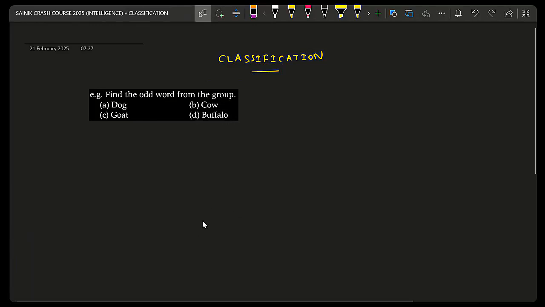So let me use a poll for this. Find the odd one from the group: A, dog; B, cow; C, goat; and D, buffalo.